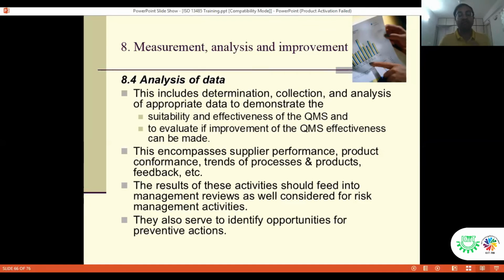You have to analyze the feedback, any adverse events, competitors' data, the number of CAPAs you are releasing, and any impact on your system. There are different points which you have to analyze with the help of different statistical tools, and present them to the top management at the management review meeting.